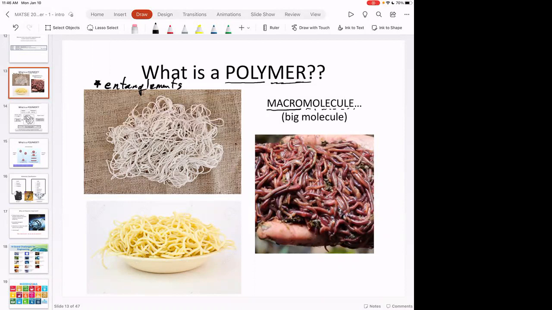What's one property that jumps into your head when you think of polymers? Here's a polymer. What goes off in your brain? Flexible. That's right. What's another property? They're soft.